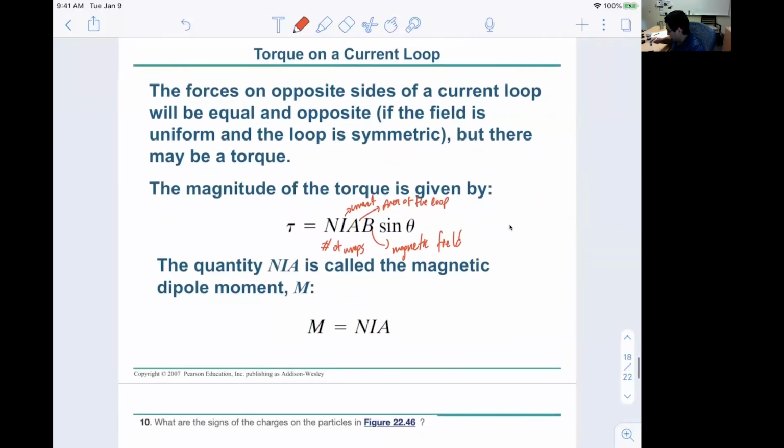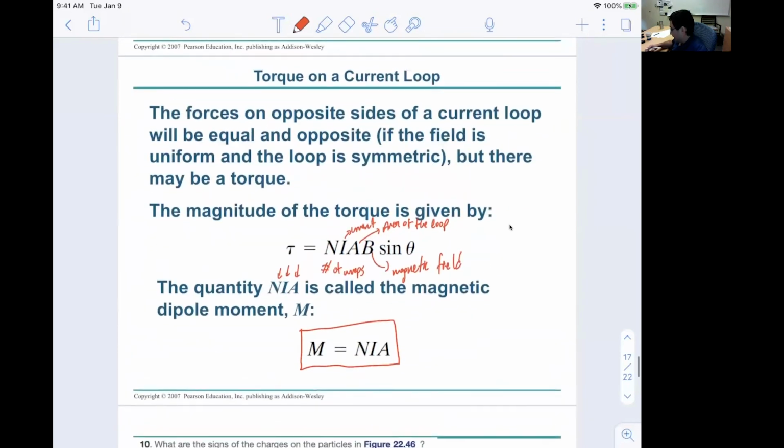So this N I times A, which is the number of wraps, current, and area, is called the magnetic dipole moment, which is independent of the magnetic field and angle, just defining the property of that loop or the wraps of the wires. So we call it magnetic moment.